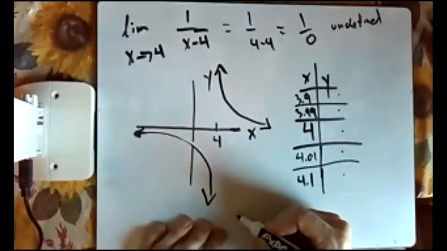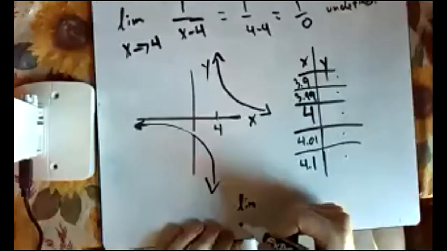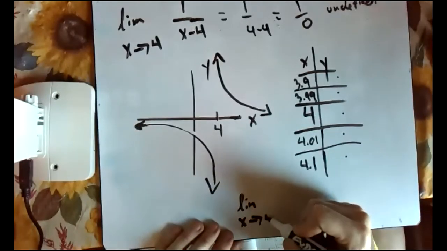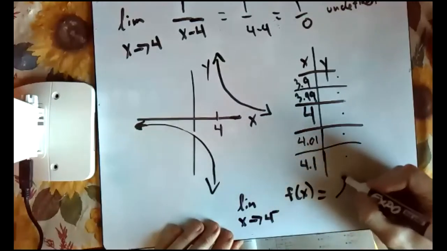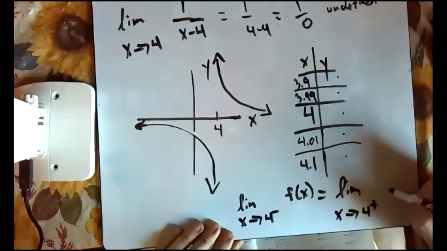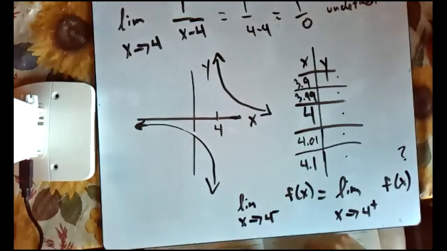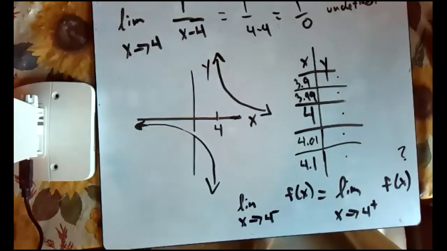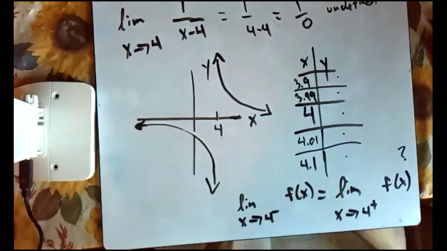What we're looking for is, does the limit as x approaches 4 from the left of f of x equal the limit as x approaches 4 from the right of f of x? Big old question mark, right? Because if these two are the same, then the limit does exist.